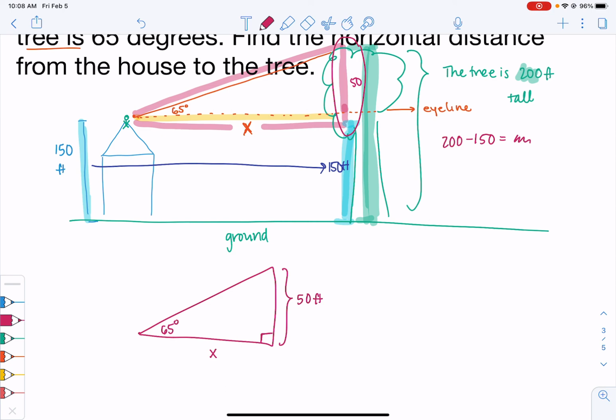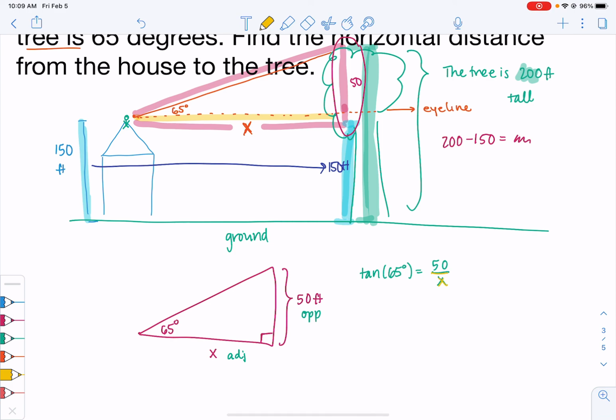Using that, we can now use our trig to solve. We have opposite and adjacent. So we'll use tangent of 65 degrees equals 50 divided by x.